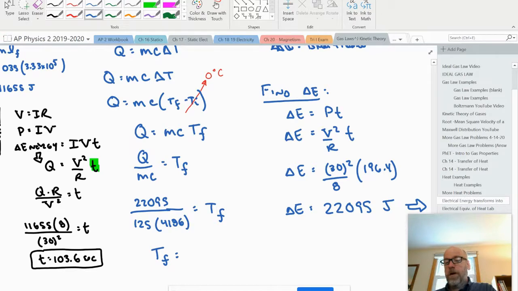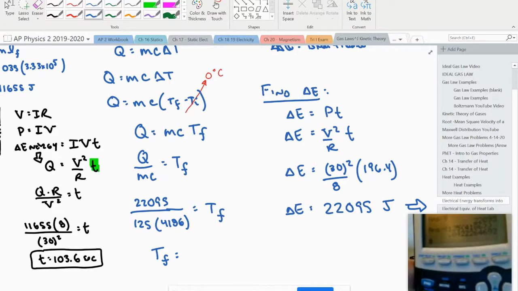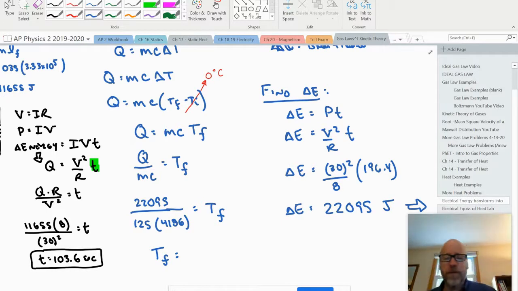Divided by 125 times 4186. Please be right, please be right, please be right. Oh, snap. I got 0.042226. That can't be the final temperature. What did I do wrong?